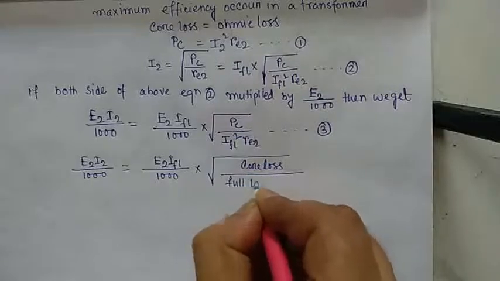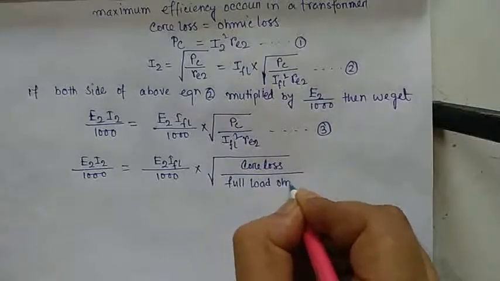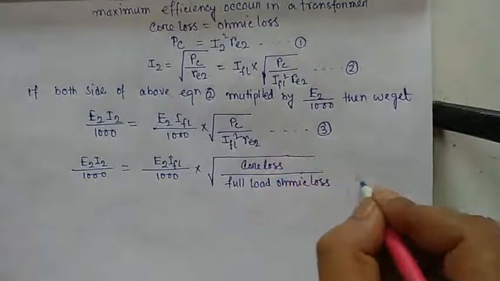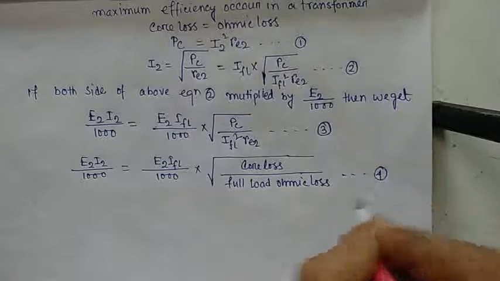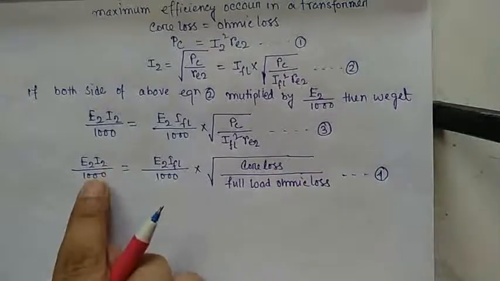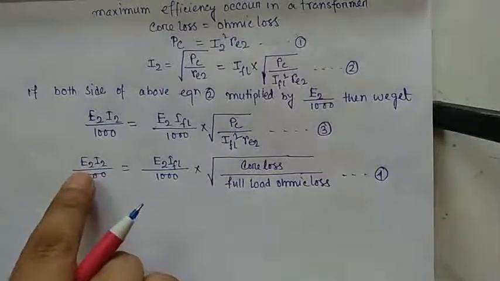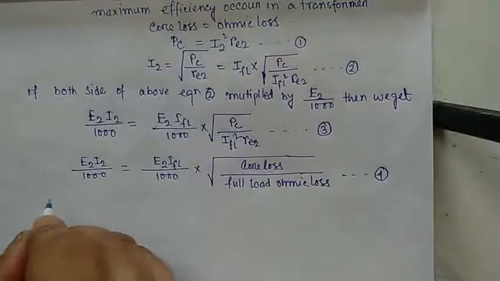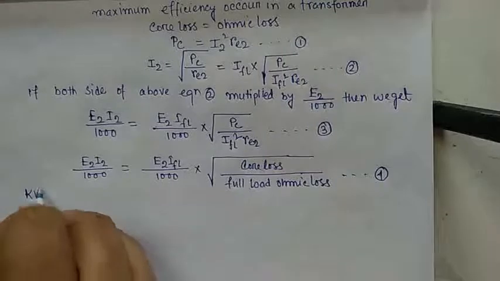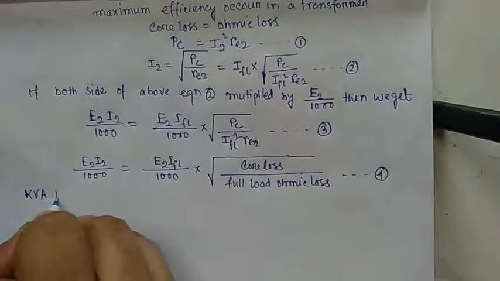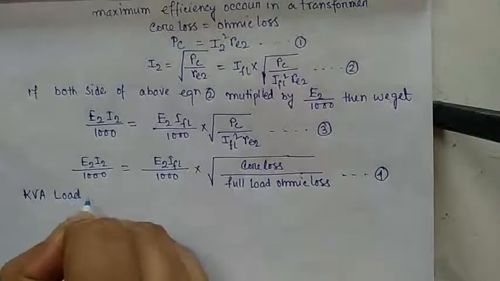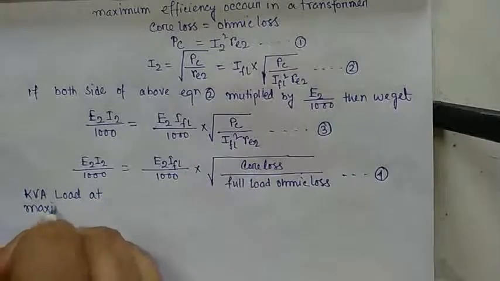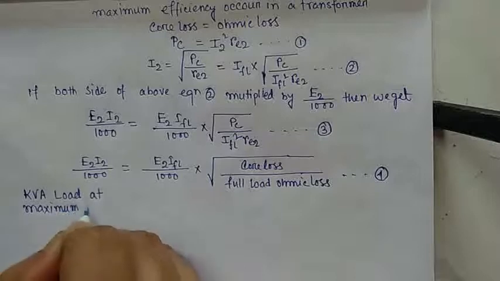That is equation number 4. Now E2 I2 is the VA rating, so this one is the KVA load at maximum efficiency.